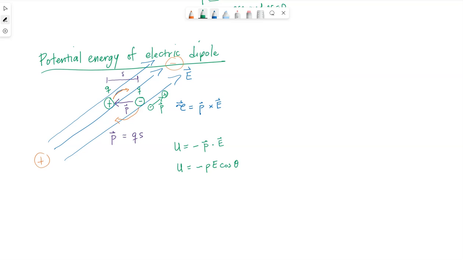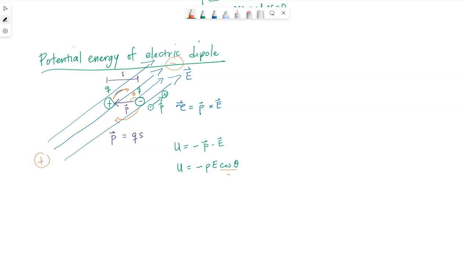So coming up to my picture, I would draw E and P at the same place. Theta is specifically this angle between the electric dipole moment vector and the electric field vector. With our angle in my picture being greater than 90 degrees, the cosine of theta is going to be negative, meaning this has a positive potential energy.